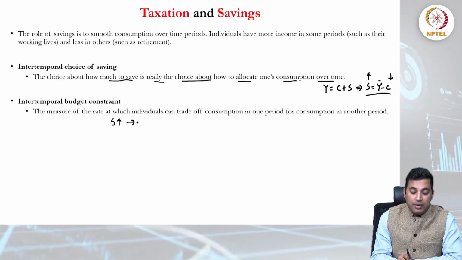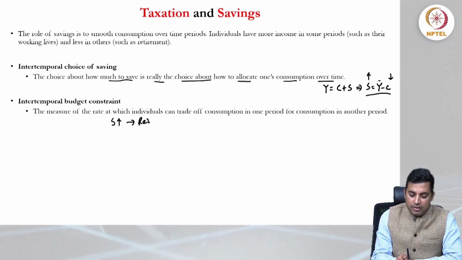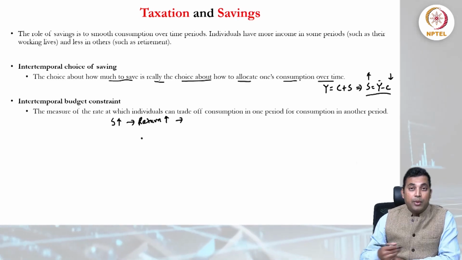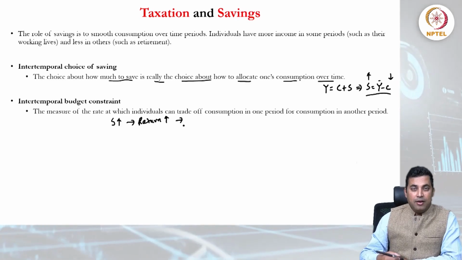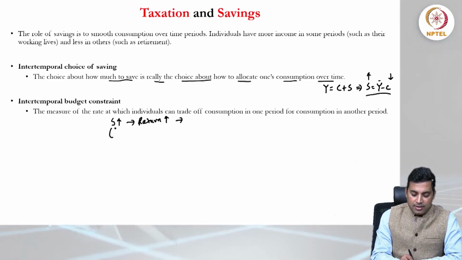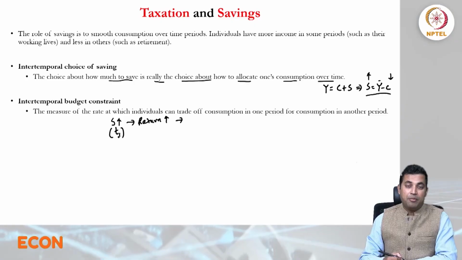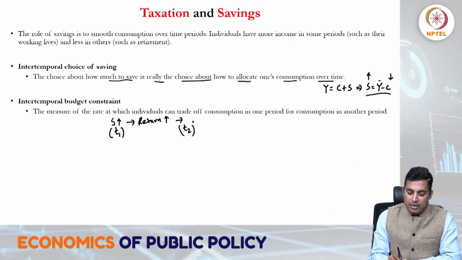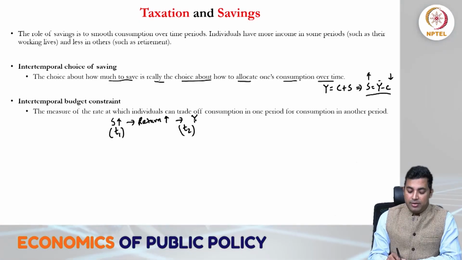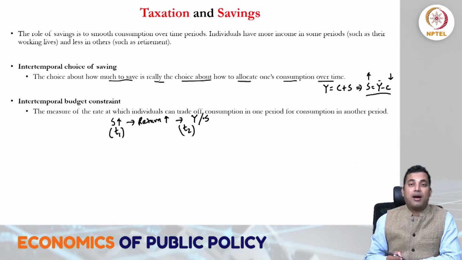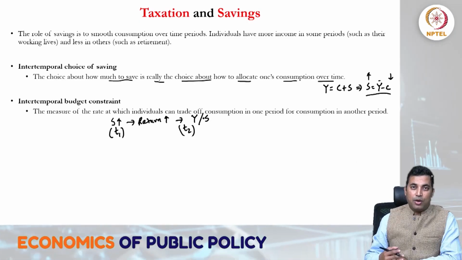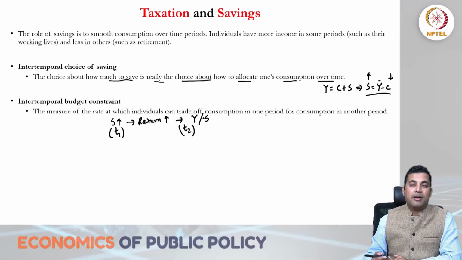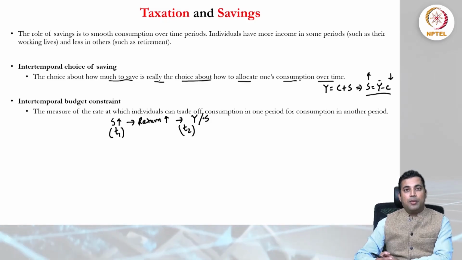So the return will be high, and when the return is high, then for the next period, if I start this saving from the T1 period, and then after getting the return after one year, in the T2 period, savings will be higher. Why? Because the rate of interest will be added, and therefore savings in period 2 will be higher than savings in period 1.